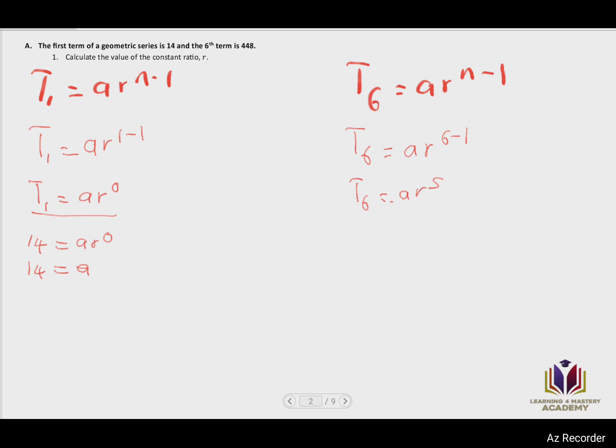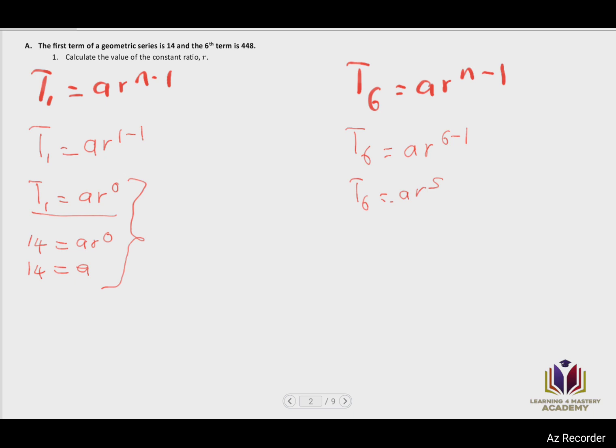This is where it comes from, right? When you calculate the first term, the exponent 1 minus 1 gives you 0, and then r to the power of 0 gives you 1. You multiply the 1 with the A, then you end up with A equal to whatever value T1 is.